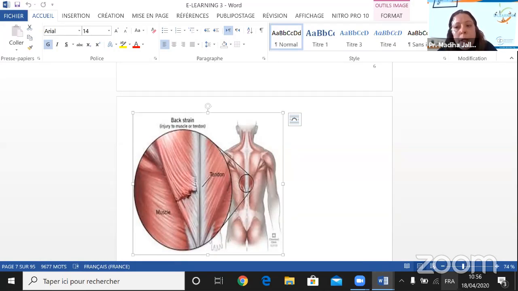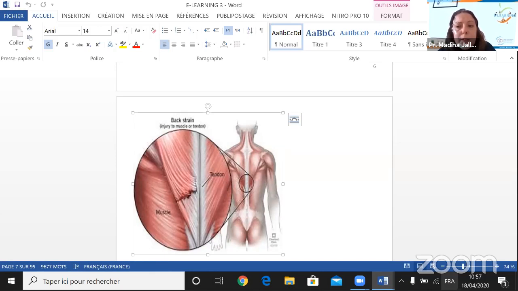So here, for example, when you walk on a treadmill, as we say in French, tapis roulant. If you walk on a treadmill for over an hour, this can cause the muscles to overstretch.